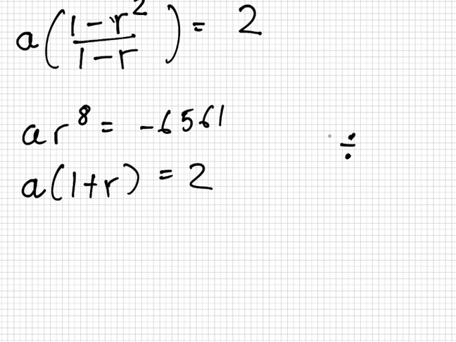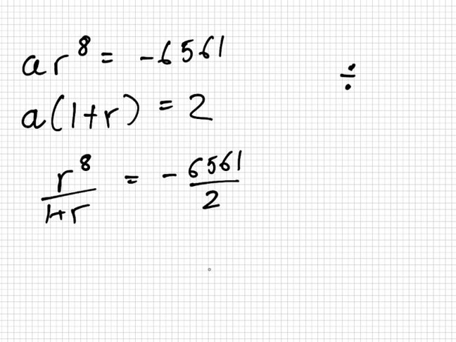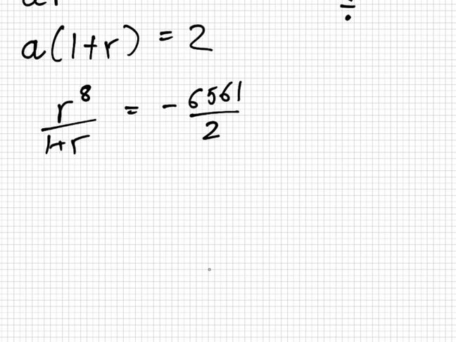So dividing, a over a, they cancel. r power 8 over 1 plus r, that equals, what's this? Oh, this doesn't divide, does it? So we get minus 6561 over 2. So, just like what you learned in week number 1 and what you've learned in chemistry, I'm sure, we cross multiply.